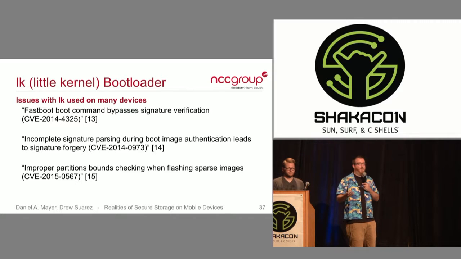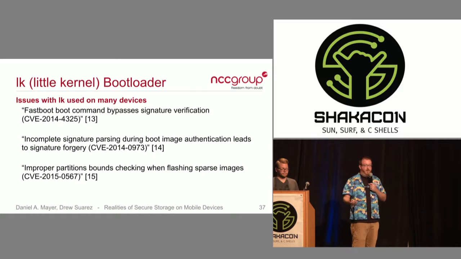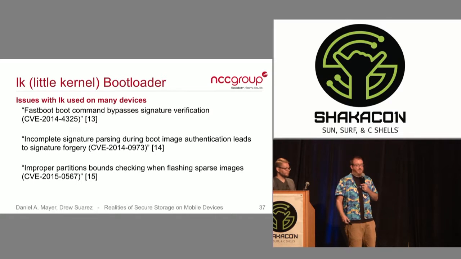And then it's actually worse because when you reboot, it's gone. There are other issues where you were able to forge signatures based on some crypto weaknesses they had. And then in the newer one, when you flash sparse bundle images, it didn't actually check the end of where that sparse bundle was. So if you cleverly made something that overwrote a particular partition, you could still execute something like this.